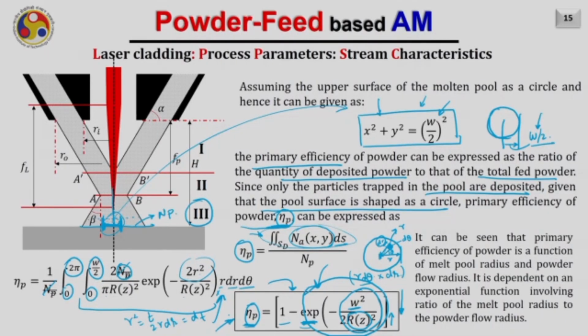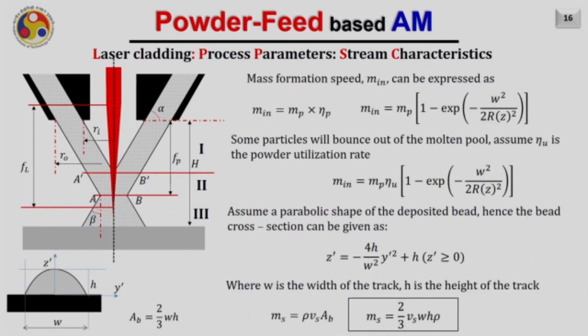Now once we know the efficiency or primary efficiency with which the powder particles are getting trapped into the molten pool W, then we can easily find out the mass flow rate corresponding to the deposited bead. So the mass formation which is forming a bead at the substrate, this rate of formation of this mass can be assumed to be as mass in, meaning to say this much mass of powder is getting into the bead which is getting deposited.